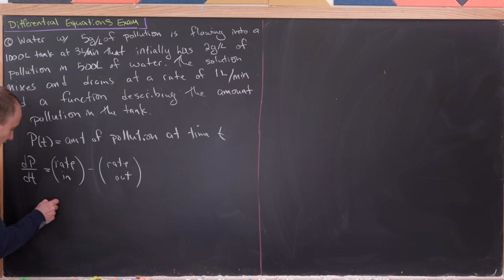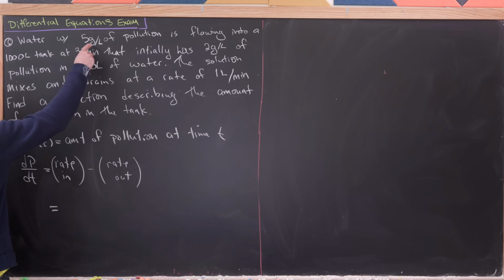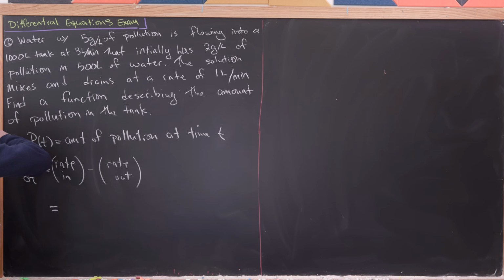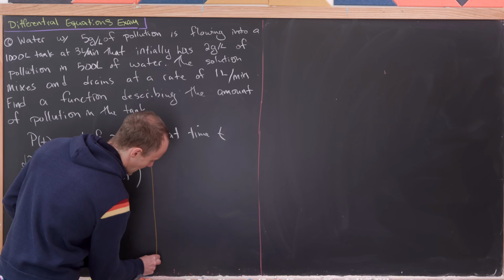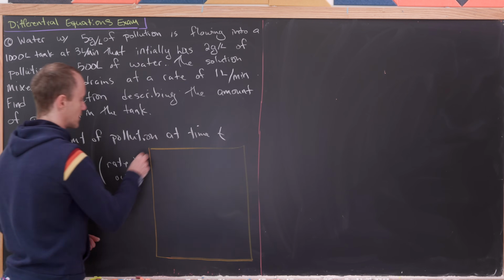Now notice that the rate of the pollution flowing in is pretty straightforward. We get 5 grams per liter of pollution at 3 liters per minute, so we have 15 grams per minute coming in. Now the rate going out is a little bit trickier, but let's maybe outline how to figure that out over here.